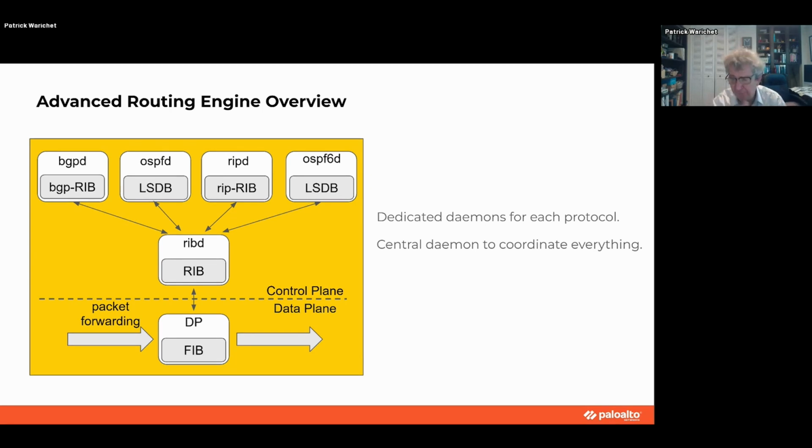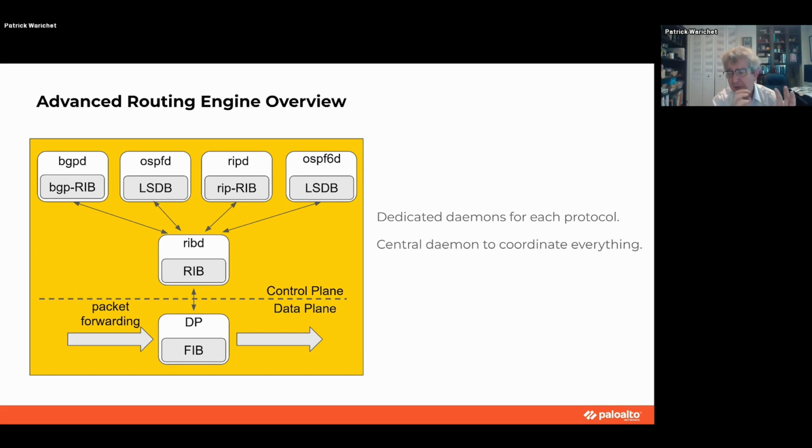Now we wanted to have something else. The processing power that we have available is so fast that we can have a daemon per routing process, and that's exactly what we did. We have a daemon for BGP, we have a daemon for OSPF, OSPFv3, and RIP. And for static routes, we also have a daemon to maintain them.